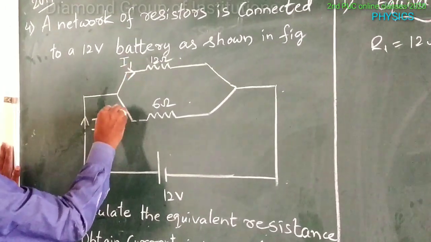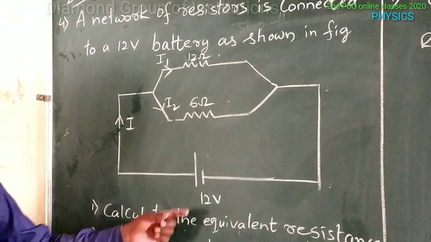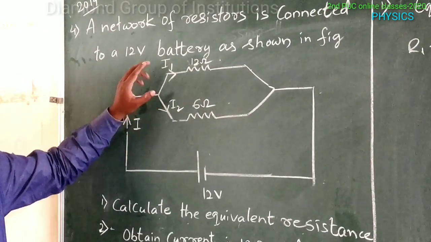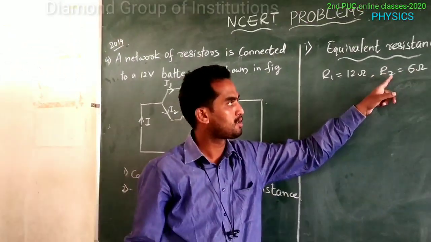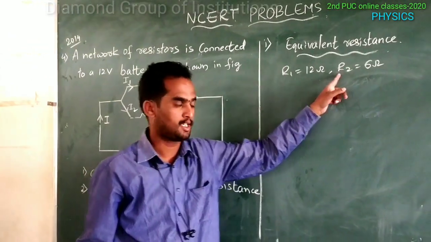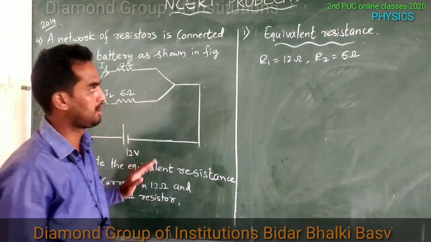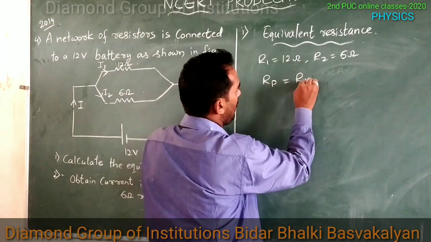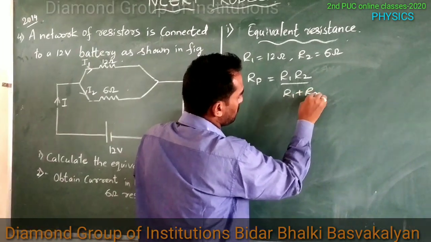That is I1 as well as I2. So first we have to calculate the total resistance, then I1 and I2. 12 ohm is the first resistance value R1 and 6 ohm is the second resistance value. Both are connected in parallel between the two ends. So we can use the formula R equal to R1 into R2 by R1 plus R2.